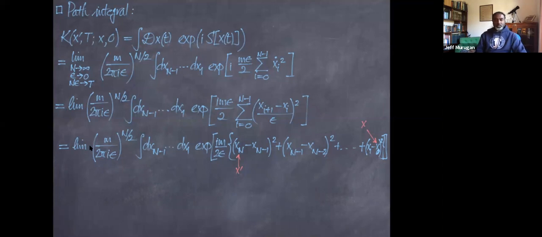And at this point, I've got some good news and bad news. The good news is all the integrals that we have to do are Gaussian. They all go like e to the minus something squared. The bad news is I have to do n minus 1 of these Gaussian integrals, but they're all coupled. So I can only do the Gaussian integral in x_2 if I know what the answer for x_1 is.